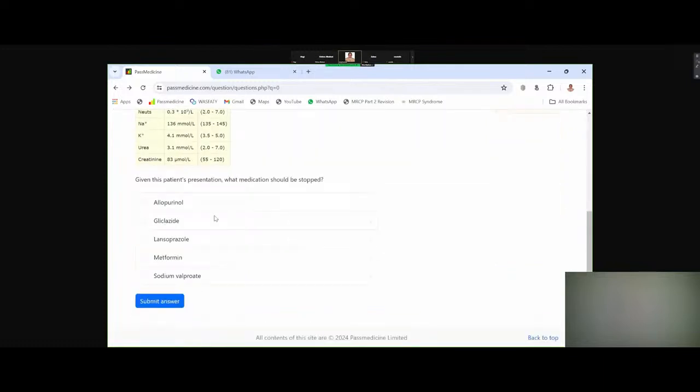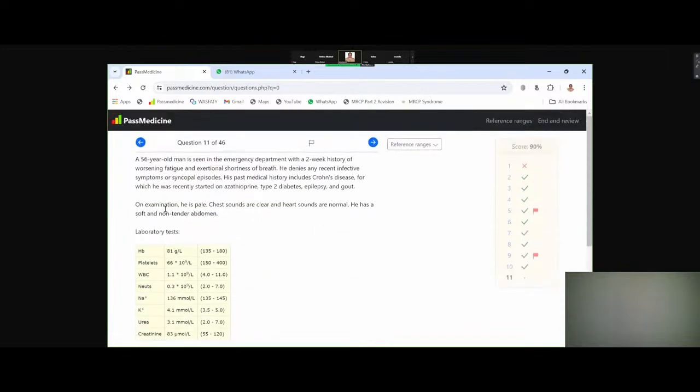Given this patient presentation, what medication should be stopped? Allopurinol, gliclazide, lansoprazole, metformin, sodium valproate. This is a 50-year-old man in the emergency department with a 2-week history of worsening fatigue and exertional shortness of breath. He denies any recent infective symptoms or syncopal episodes.